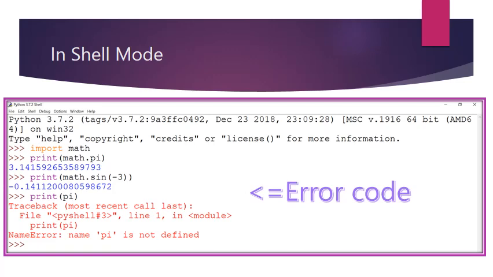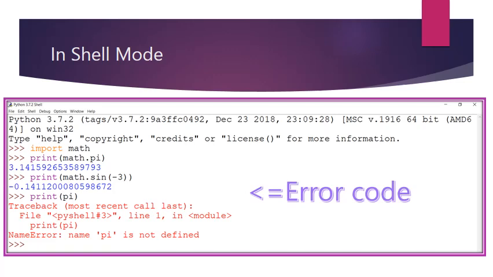There I have written print within brackets pi alone. Without using the module name, I have tried to print the value of pi. The shell is not aware of such a variable name called pi, so it will report a runtime error called NameError because pi is not defined so far. It will not be able to give its value.